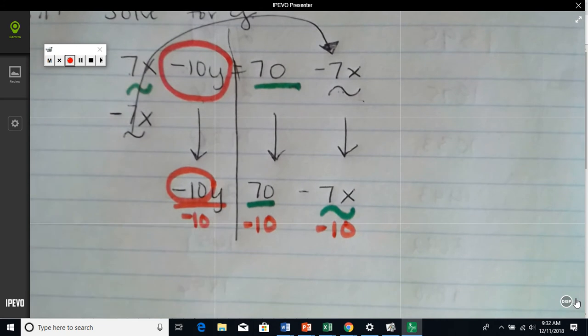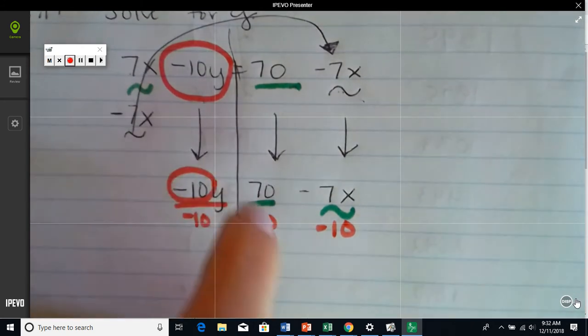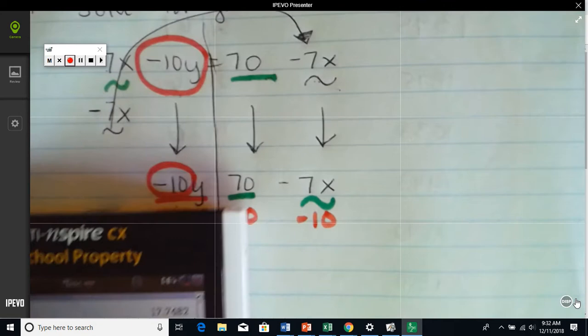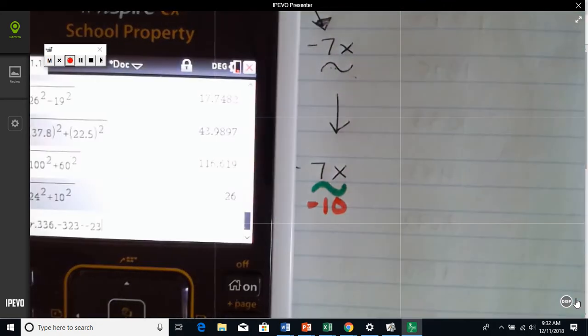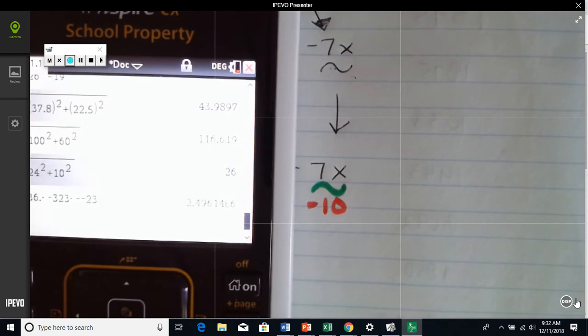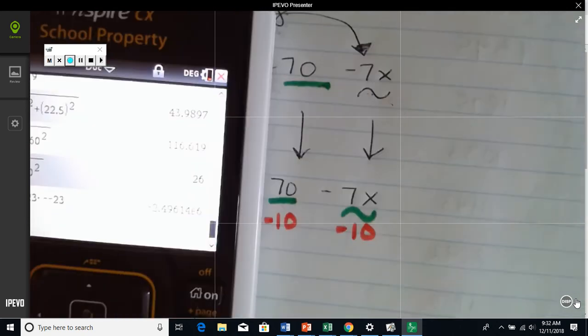Alright, so let's put this in the calculator. 70 divided by negative 10. What in the world is this? Alright. What was it? 70?